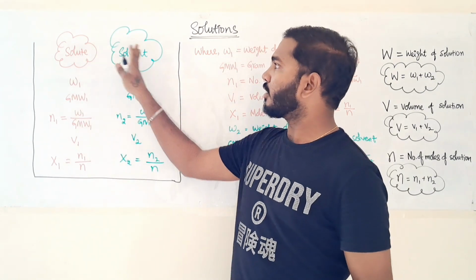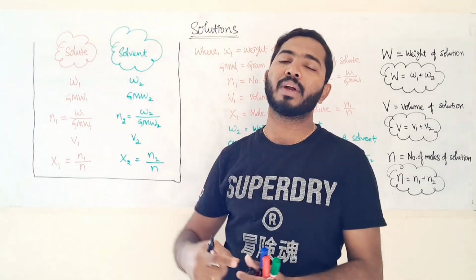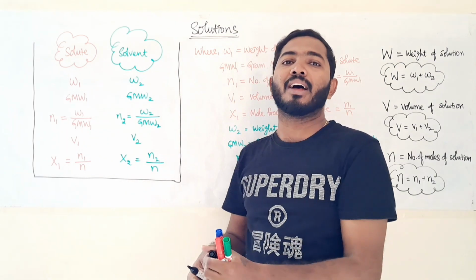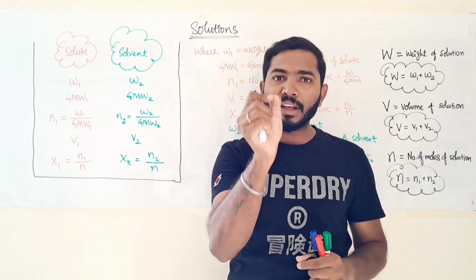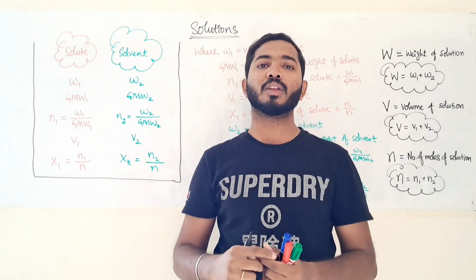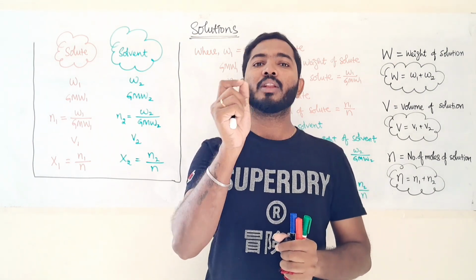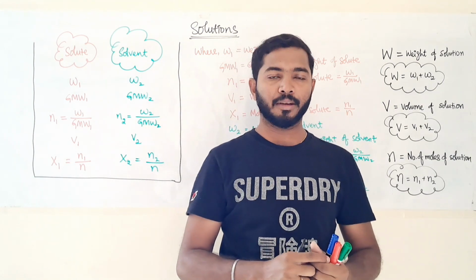From this particular class till the end of the chapter, if you see the suffix 1, please understand I am talking about the solute, and if you see the suffix 2, I am talking about the solvent.